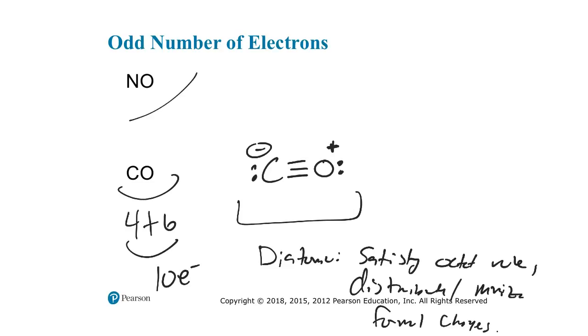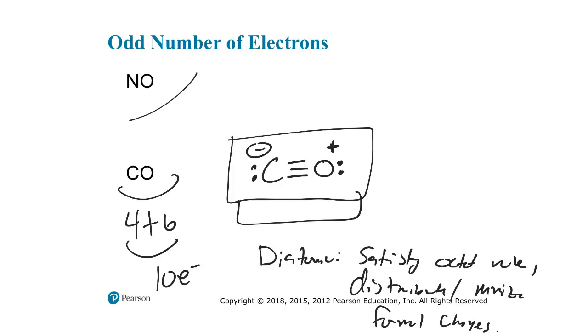Now there's really no alternate structure here. There's no way for me to flip and add, like if we want to add an electron to O, take one away from carbon. If we want to do this, that doesn't quite work because we would be expanding the octet of O, and we can't do that. So we are limited to this Lewis structure here.